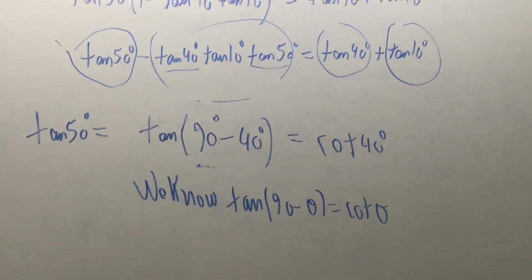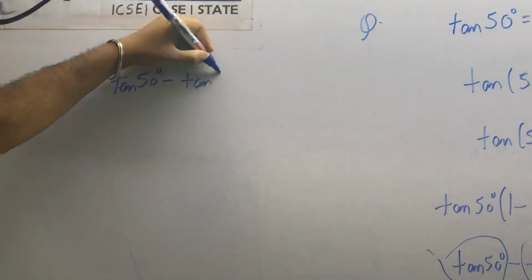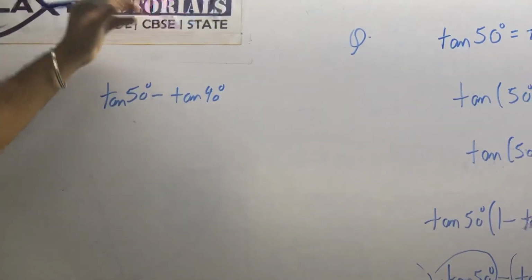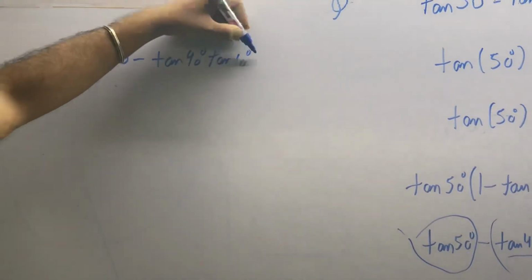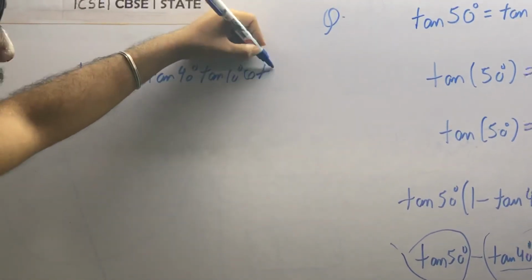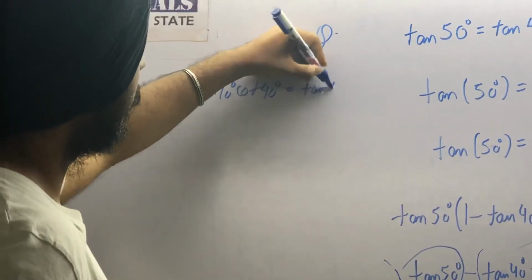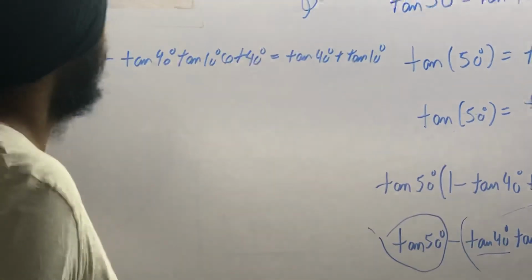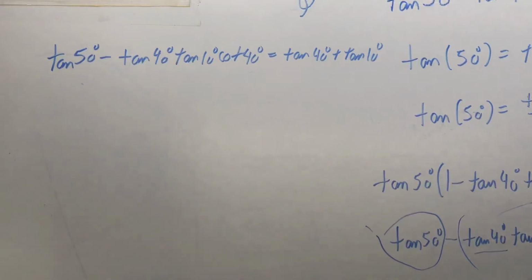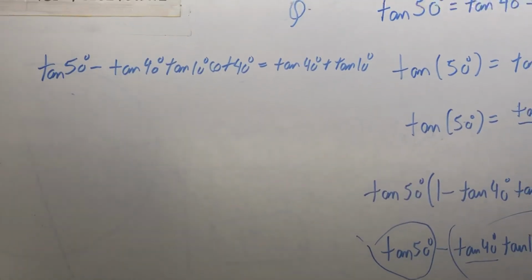So I will solve over here now. Tan 50 minus tan 40 into tan 10 and cot 40 is equal to... Now instead of cot 40, can you write 1 upon tan 40, because cot is just the inverse of tan.